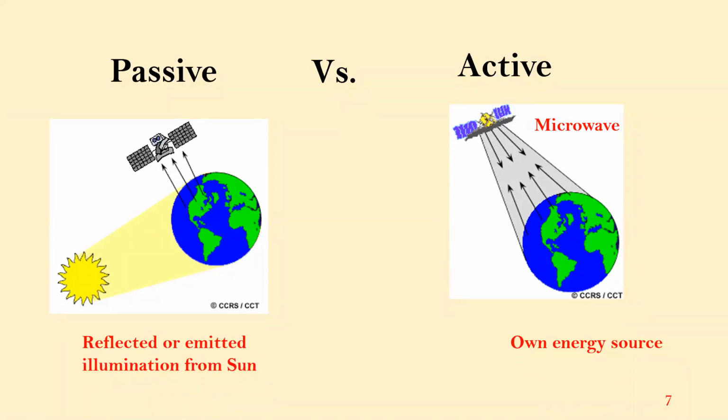It can emit radiation towards Earth and capture the re-emitted energy while orbiting. Examples of active remote sensing systems are microwave sensors, and at ground level, the Doppler radar is a perfect example.